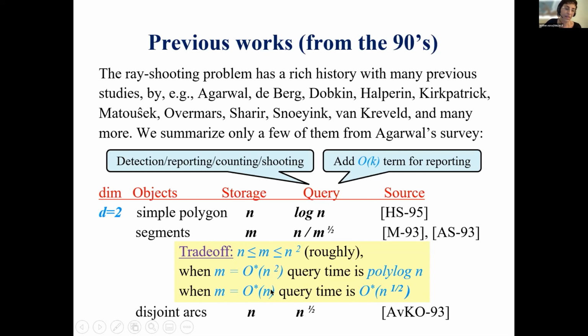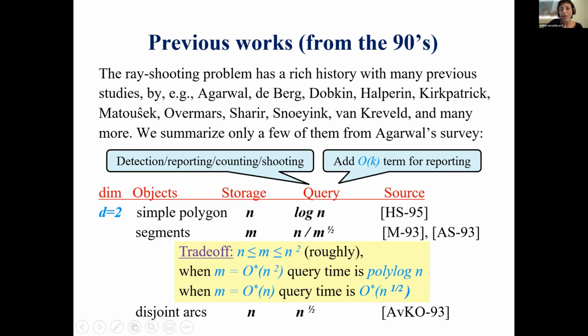In the other extreme, if the storage is roughly linear, the query time is about root of n. O star is a notation I'm going to use in this presentation, which implies that the actual bound also includes a factor of n to the epsilon or a polylogarithmic factor, but the O star notation suppresses these factors.